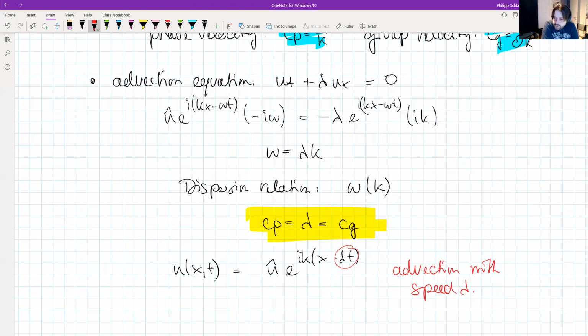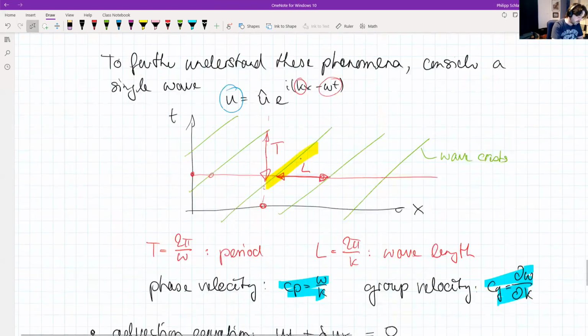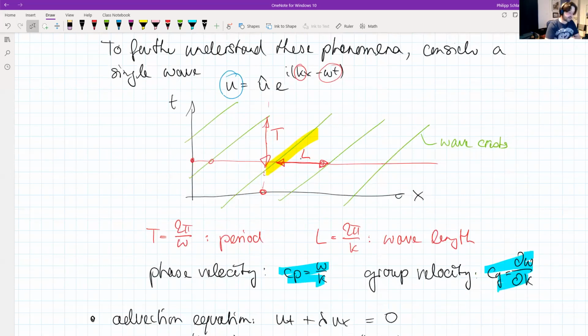Okay, there's a question. Can you please explain what u hat is in this context? U hat in this context is just the amplitude of this particular wave. So what I did is I just considered one wave in space and time as I sketched here, and of course this wave has a certain amplitude.